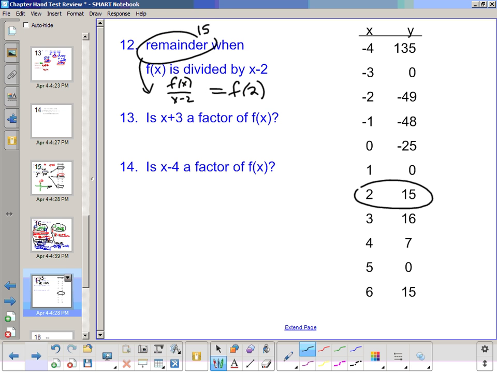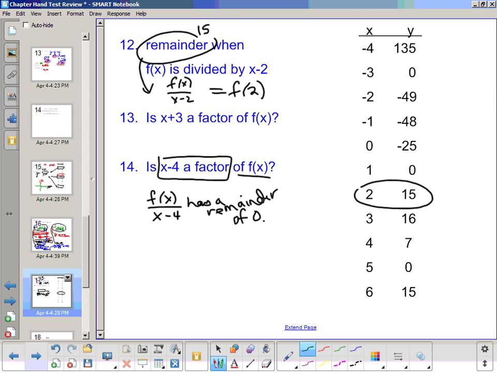I'm going to drop down to number 14, only because I have space. Here the question is: is x minus 4 a factor of f of x? That only means that if it is a factor, f of x divided by x minus 4 has a remainder of 0, and it would also mean that f of 4 equals 0.